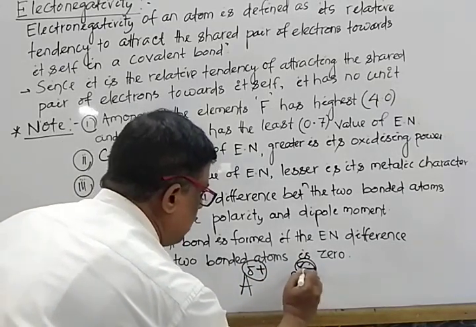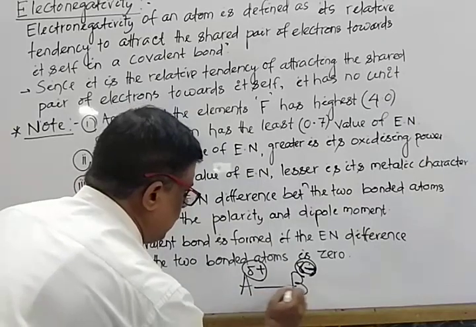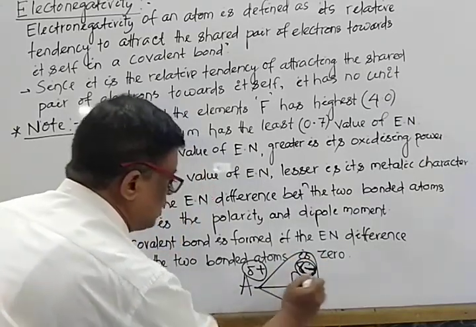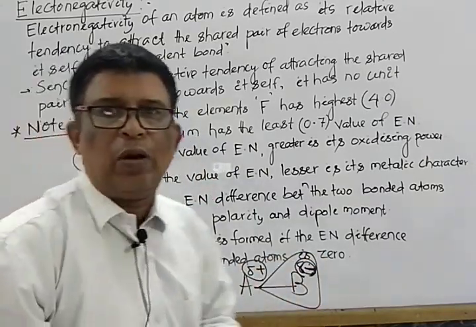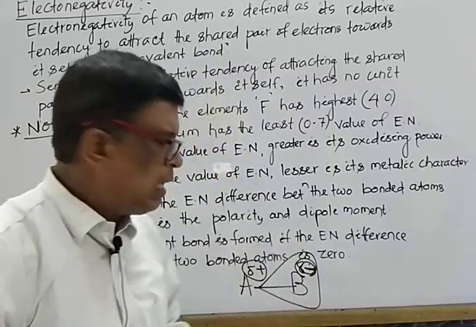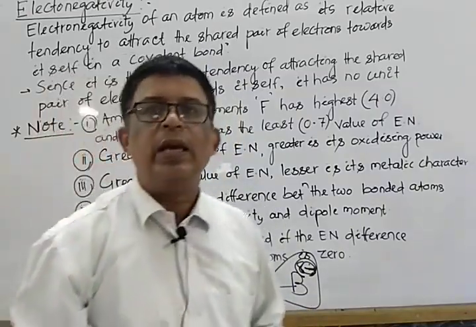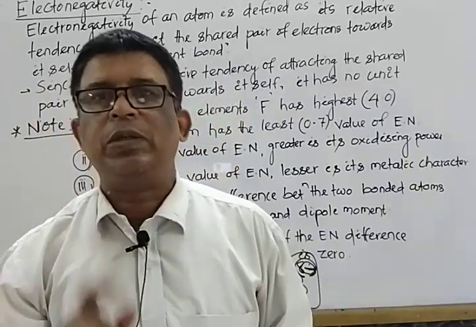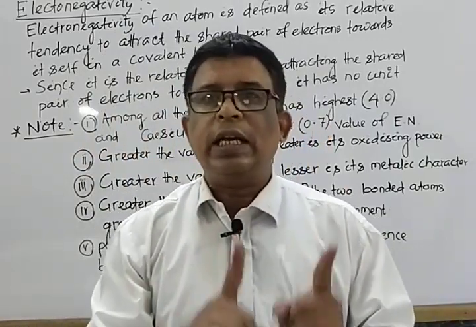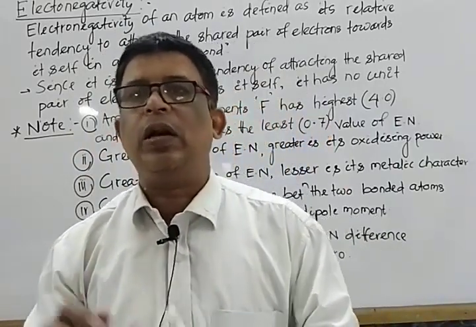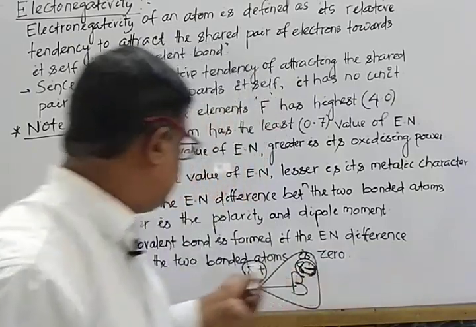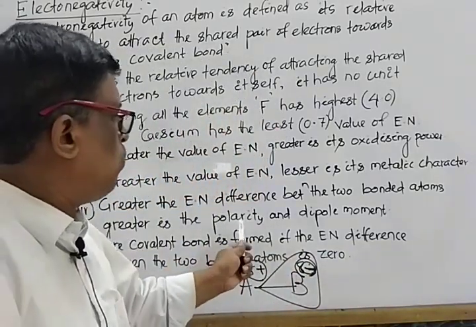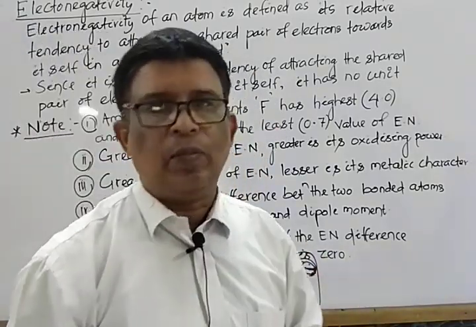If atom B possesses higher electronegativity, it withdraws the electron density towards itself, and there is a partial negative charge on B. As a result, near atom A there is a partial positive charge. So we say there is a development of dipole, and the molecule has polarity and also dipole moment.